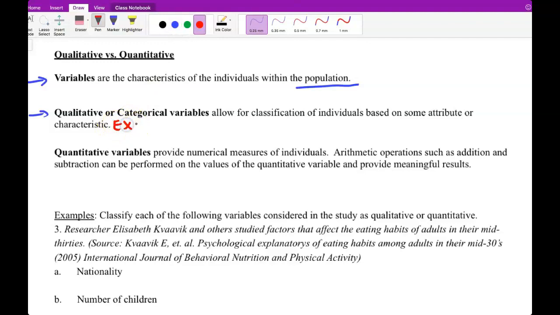Example for qualitative: we can have gender, nationality, race, and names. So this part is not numerical measures on individuals. I'm not able to count these.